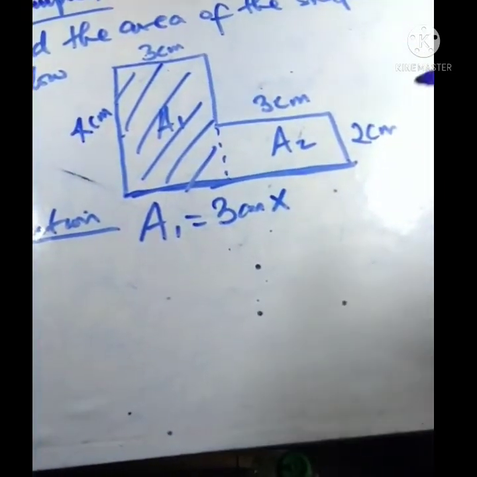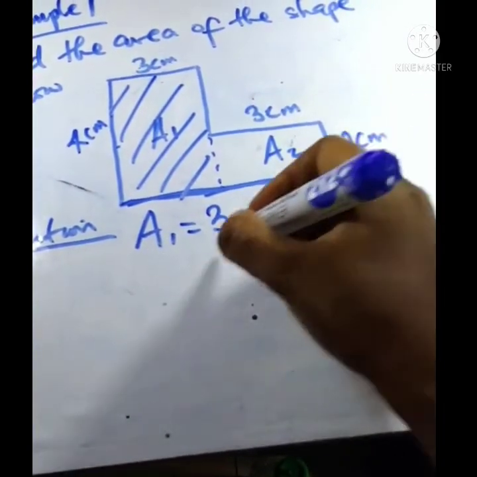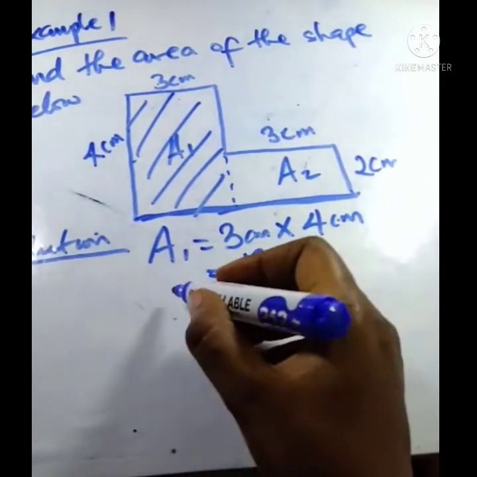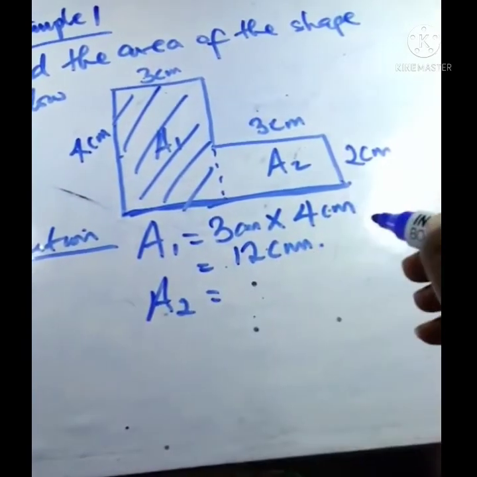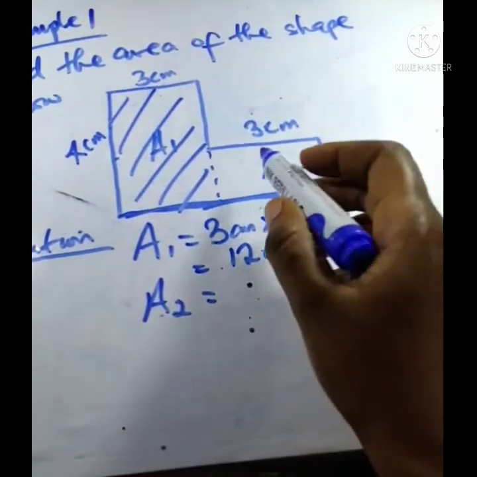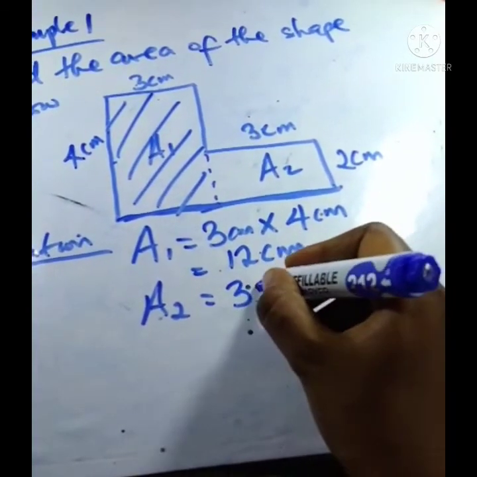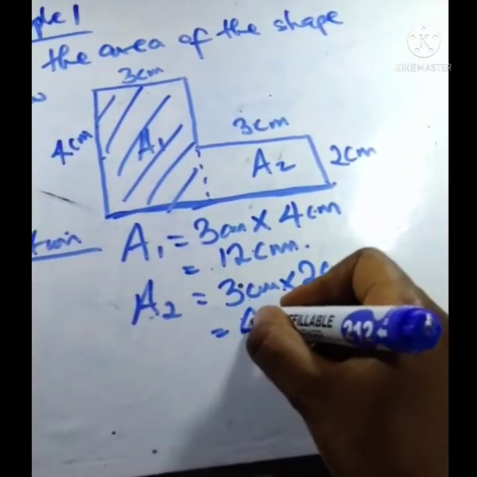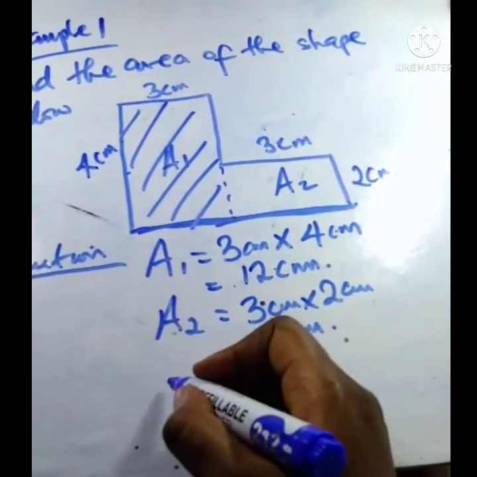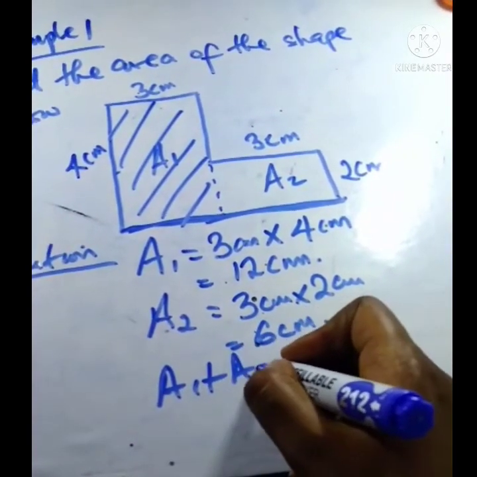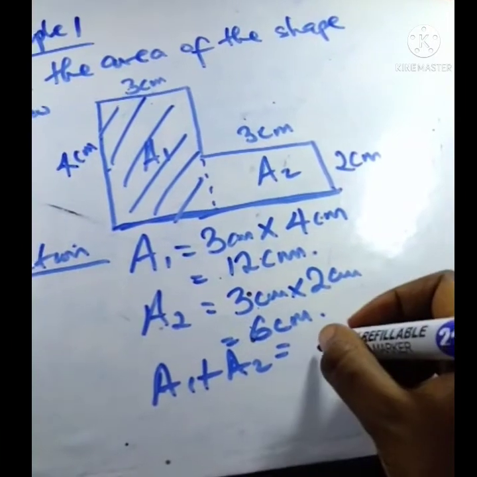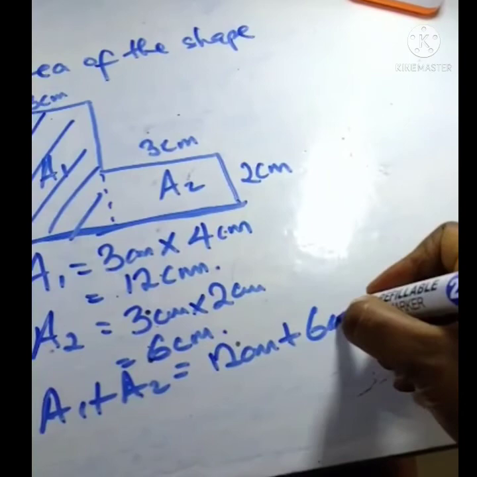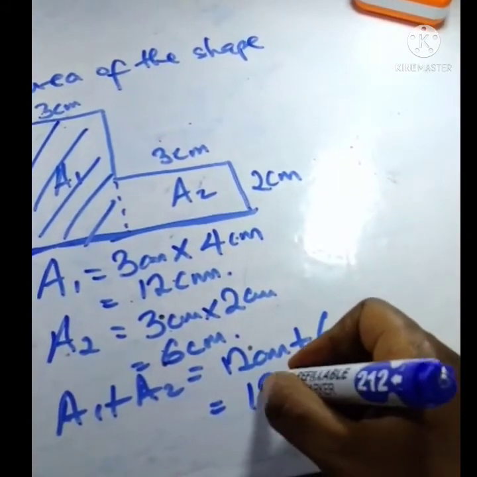What is the breadth? We take 4 centimeter. So that will give us 12 centimeter squared. For A2, the second area, the first side is 3 centimeter, the second side is 2 centimeter, giving us 6 centimeter squared. So adding the two areas, we have 12 plus 6, giving us 18 centimeter squared.